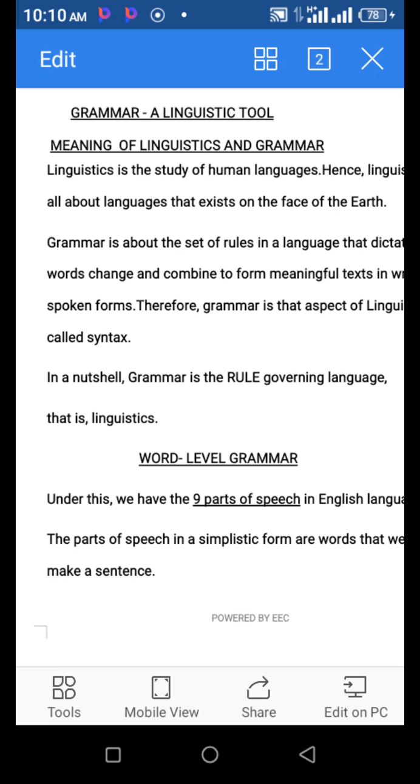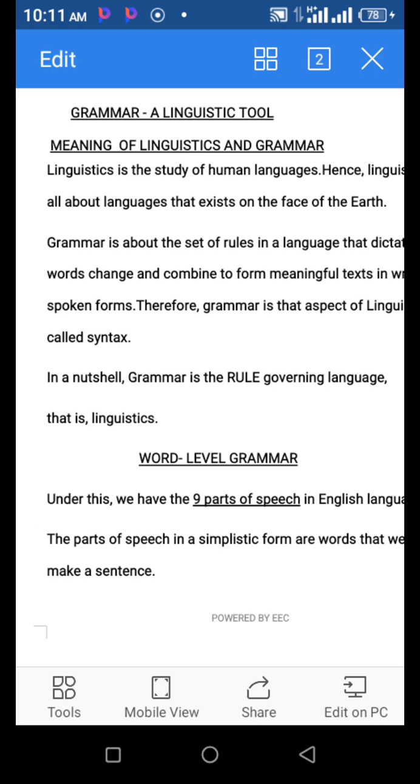A verb can also be a state word. A verb tells us what we're doing, what is happening. Examples like I'm talking now, I'm speaking. Talk, speak, sit, stand, look. Those are examples of verbs. And we also have irregular verbs that change their form in the past tense, like go, went in the past tense.